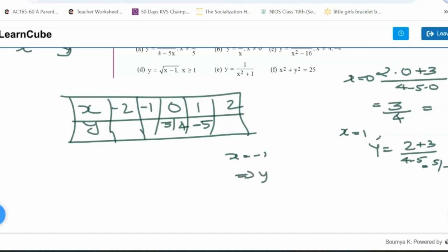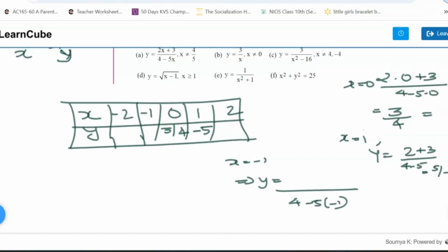In that case, y is equal to 2 into minus 1 plus 3, that is equal to minus 2 plus 3 whole divided by 4 plus 5, 1 by 9. This time the value is different, 1 by 9.